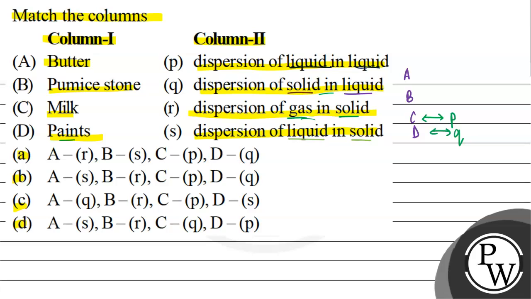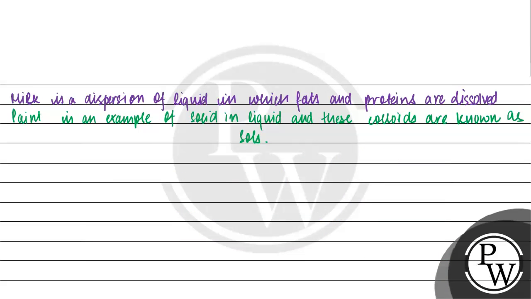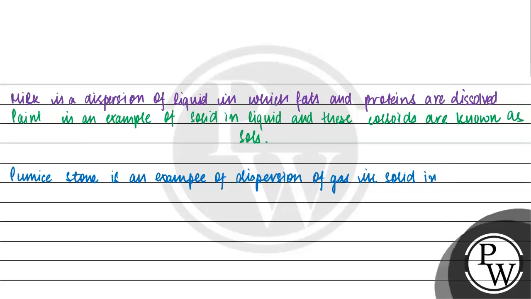Now let us talk about the other option. We are given next gas in solid. In gas and solid we talked about how it forms solid sol, and an example of it is pumice stone. So pumice stone is an example of dispersion of gas in solid, in which gas bubbles are trapped within solid particles.